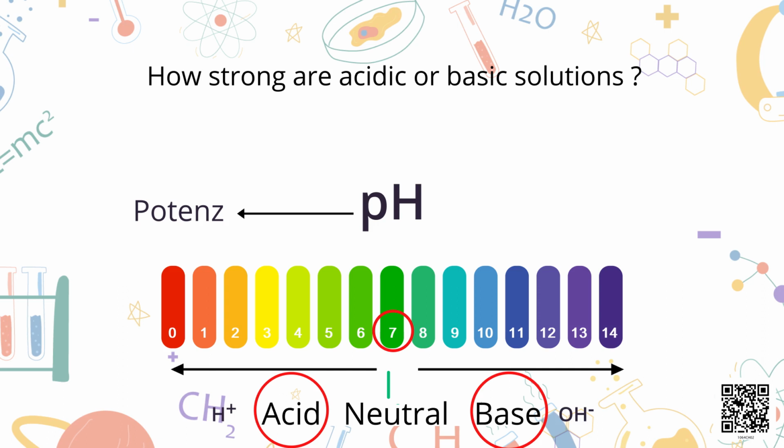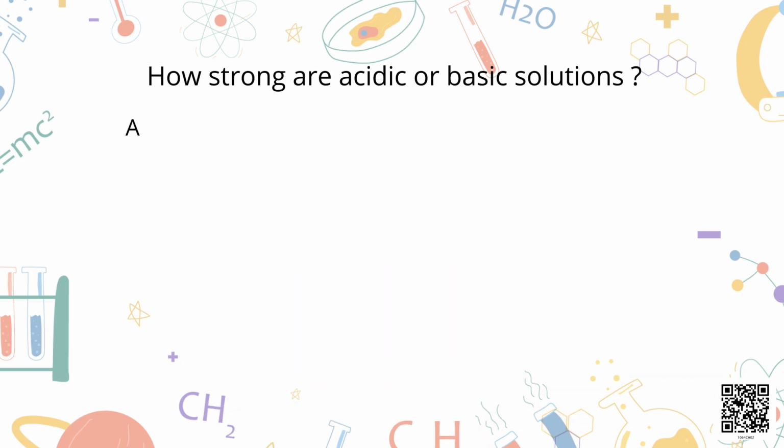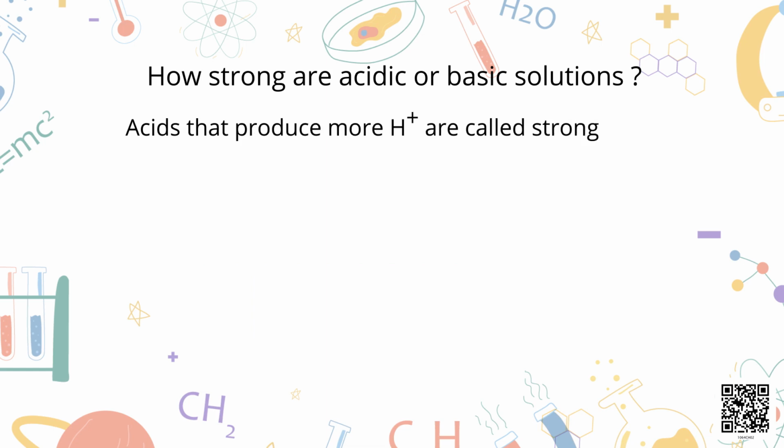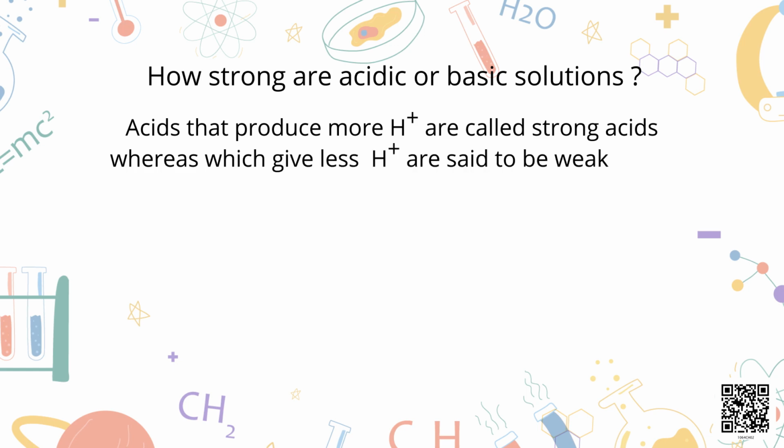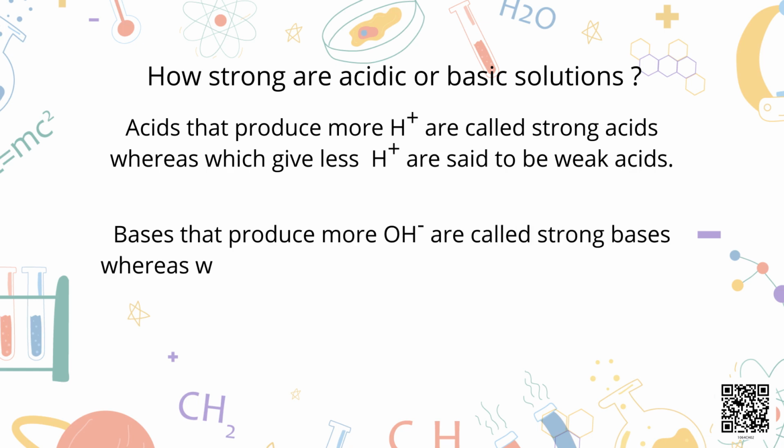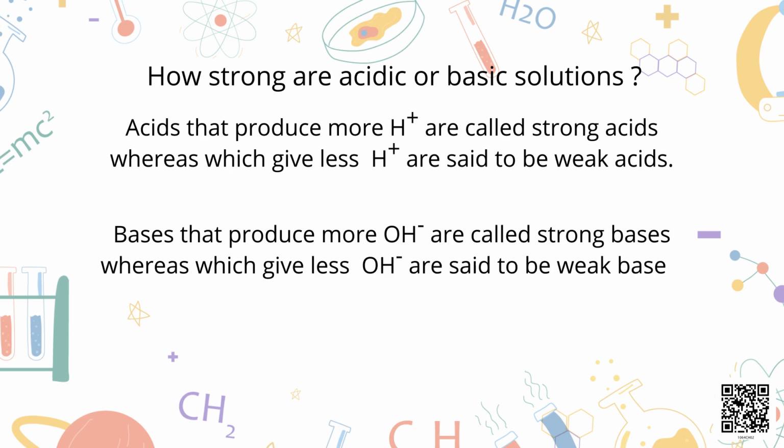The strength of acid and base depends on the number of hydrogen ions and hydroxide ions produced respectively. Acids that produce more hydrogen ions are called strong acids, whereas those which give less hydrogen ions are said to be weak acids. Similarly, bases that produce more hydroxide ions are called strong bases, whereas those which give less hydroxide ions are said to be weak bases.